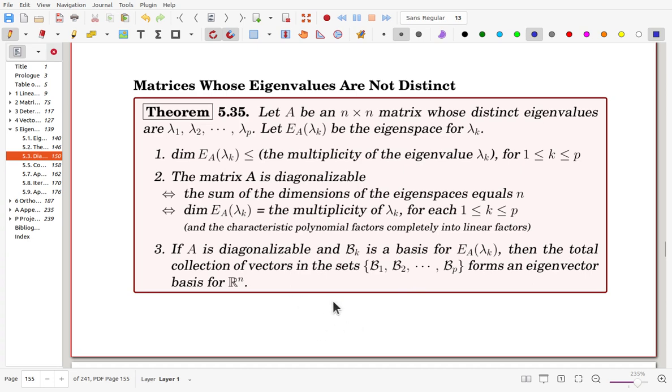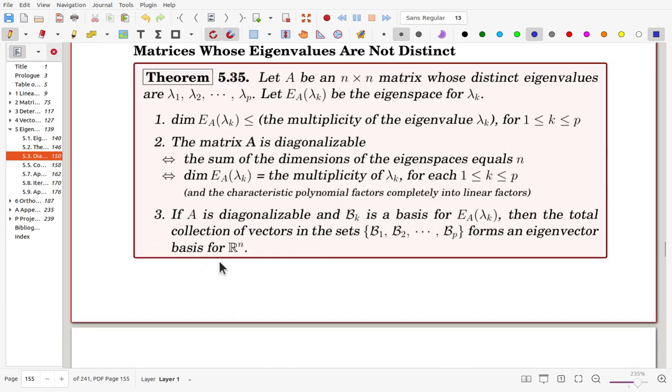Here, if A is diagonalizable and B_k is a basis for the eigenspace of lambda k, then the total collection of vectors in these sets forms an eigenvector basis for R^n. Once it's diagonalizable, there are n linearly independent eigenvectors.